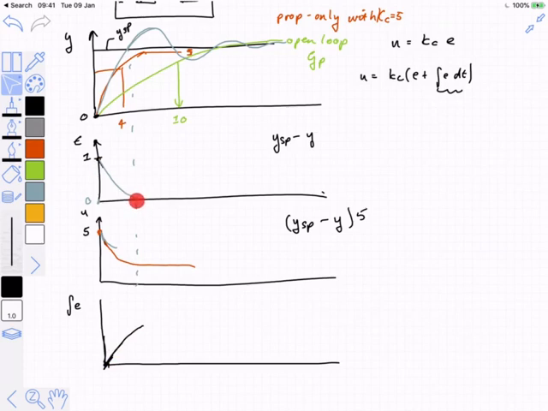At the moment where the error switches sign, we have a change in the rate, right? And so there's a maximum in that error integral at that moment. And as the error then starts going even further negative, this will start going down.